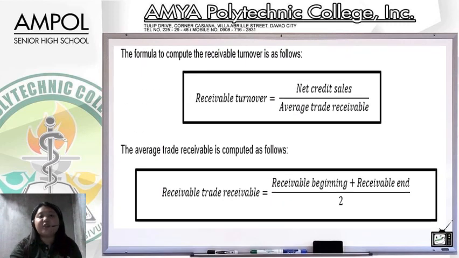So here is the formula and how to compute the receivable turnover. Receivable turnover is net credit sales over average trade receivable. Average trade receivable is computed as receivable beginning plus receivable end, and then you divide it by 2.